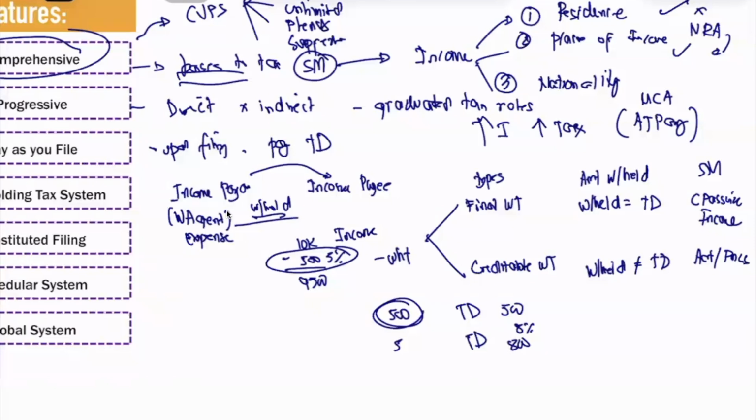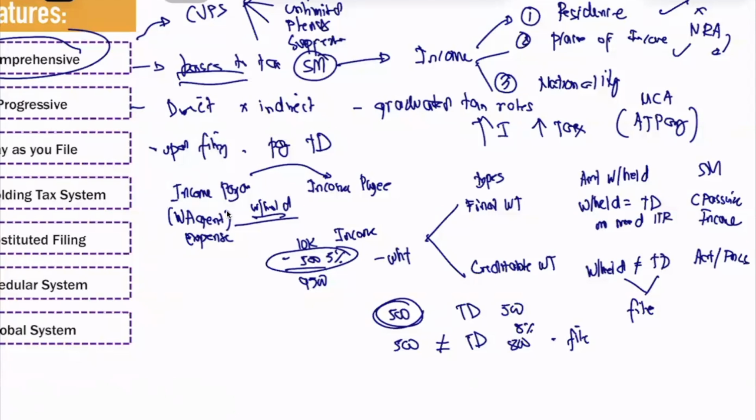So 500 is a creditable, but the tax due is 800, so it is not equal. So what will happen? You still need to file. Why? Because the amount withheld is not equal to the amount due per your tax return. So another difference, of course, is in your final withholding tax, no need to file your ITR.